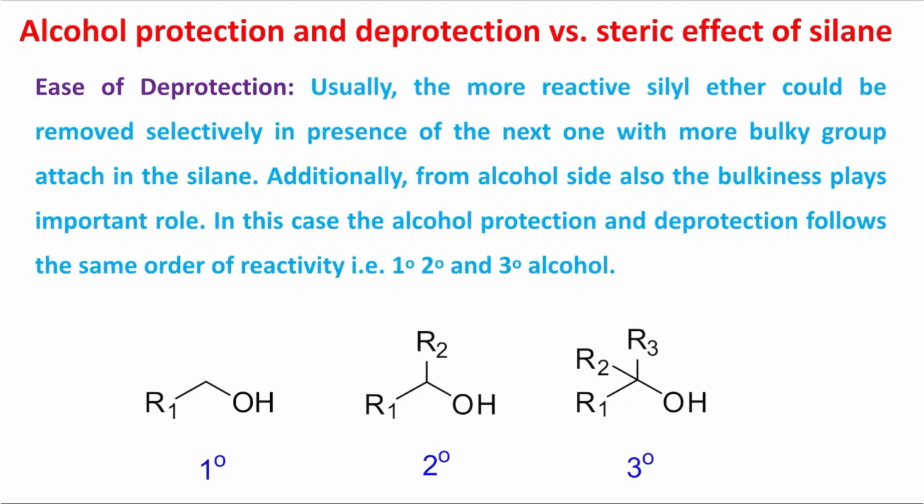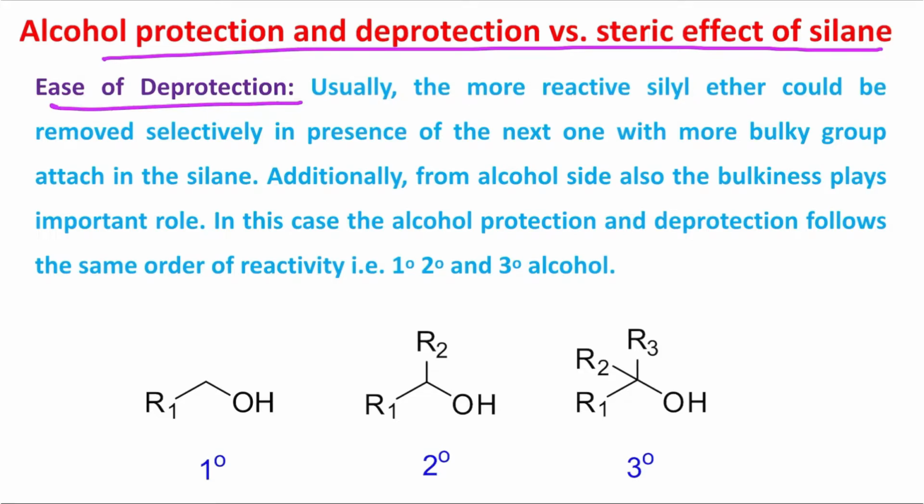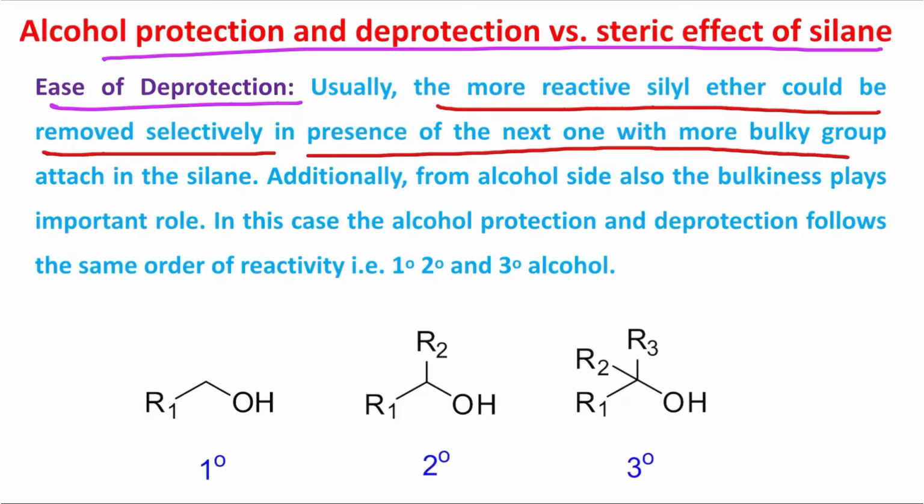Now let's come to alcohol protection versus deprotection and the steric effect. Regarding ease of deprotection, usually the more reactive silyl ether can be removed selectively in the presence of one with a more bulky group attached to silicon. Means the more bulky group attached will be hydrolyzed less efficiently compared to the less bulky one.